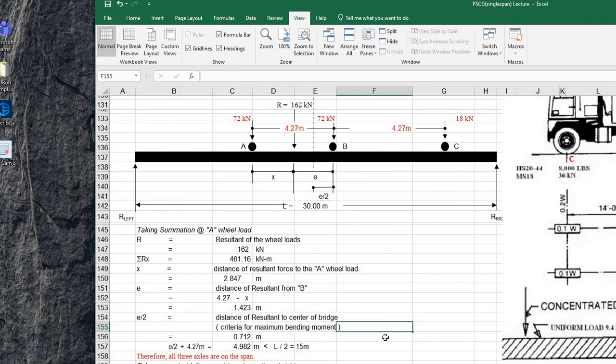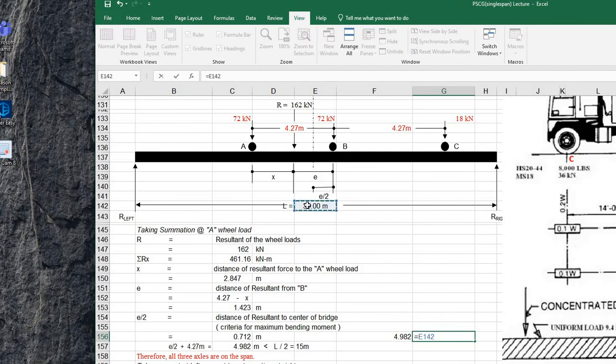So, let's check. 4.27 plus E over 2 is equal to 4.98. Next, what is L over 2? It is 30 divided by 2, so 15.